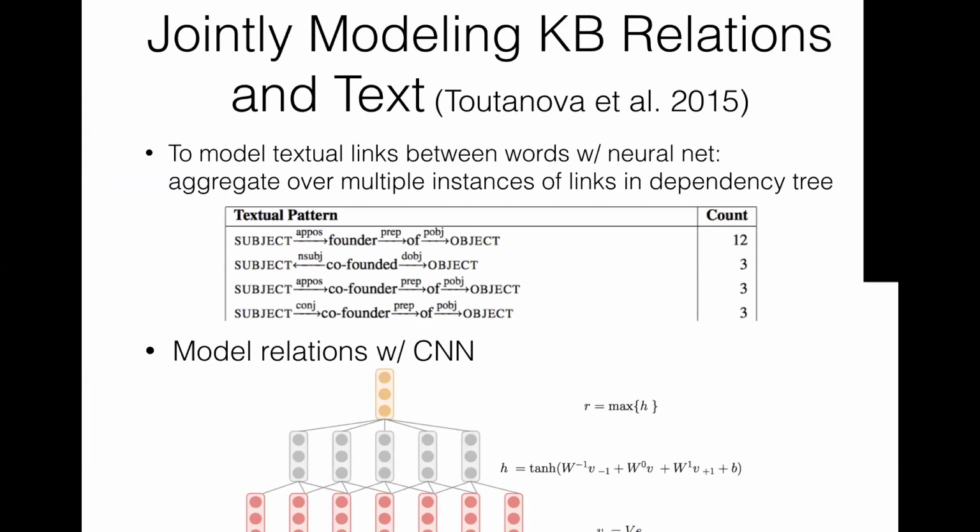And once you have each textual pattern, you can construct a training example of Bill Gates, this relation vector, and Microsoft. And Bill Gates and Microsoft, you can also instantiate as entity embeddings. So it reduces to the same setting as the knowledge base representation learning setup, where you have entity embedding, relation embedding, and target entity embedding.